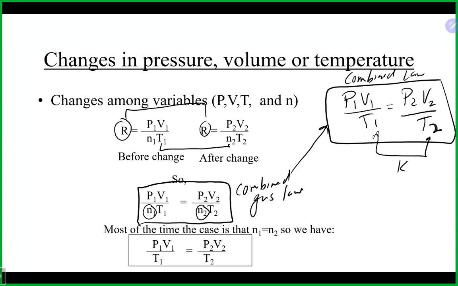Now, this gas law deals with changes in pressure and so on, and you see how everything adjusts. This is probably the best gas law ever to memorize. And I'll show you why it is. It's even maybe best to memorize it with the N in it, just in case.